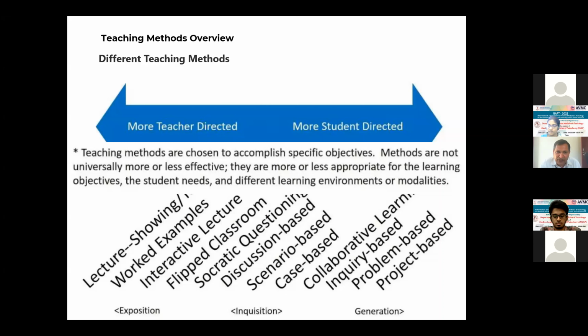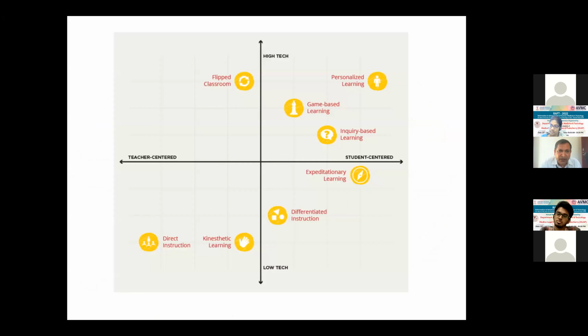These are student-directed rather than lectures or worked examples. If you see the graph, the high-tech, student-centered methods can give more learning capacity. Inquiry-based learning is one of the most important parts for students.